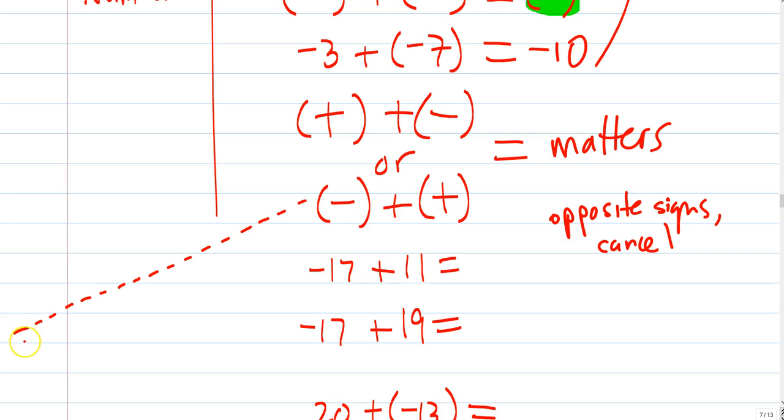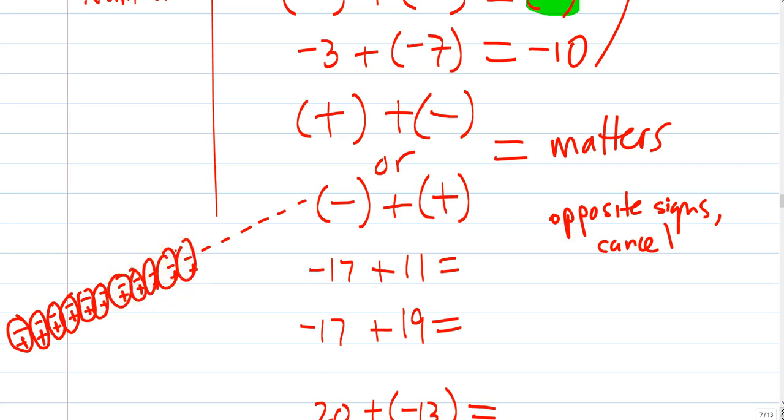Every time I put a positive in there, 1, 2, 3, 4, 5, 6, 7, 8, 9, 10, 11, every time I have a negative 1 and a positive 1, they make a 0. Every time I have a negative 1 and a positive 1, they cancel each other out. And every positive cancels with every negative that we have.